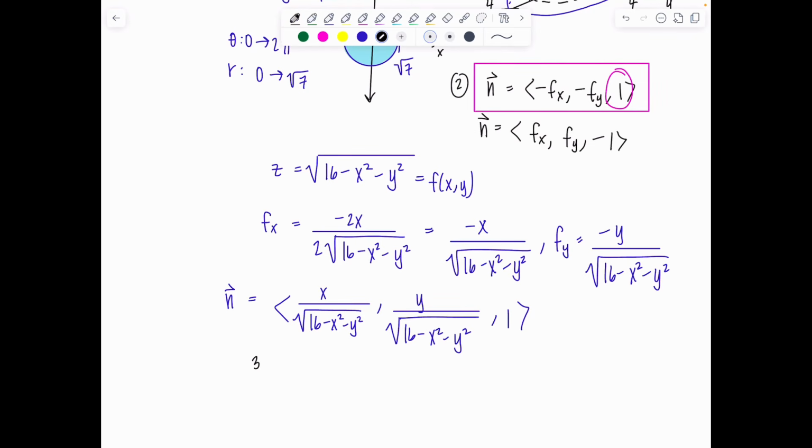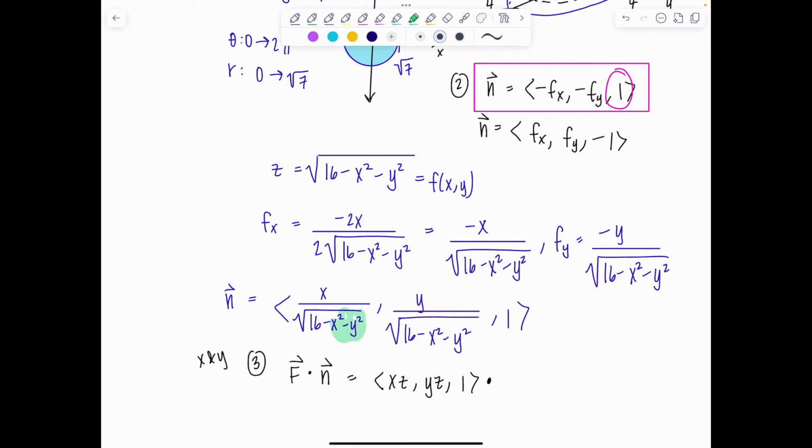We need to find f dot n using only x's and y's. Remind yourself always, okay? So what was f? F was xz, yz, 1. And we're dotting it with, I want you to notice something. Rad 16 minus x squared minus y squared is what? It's z.